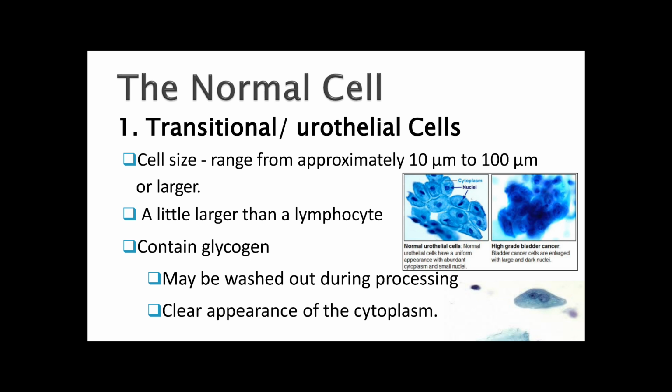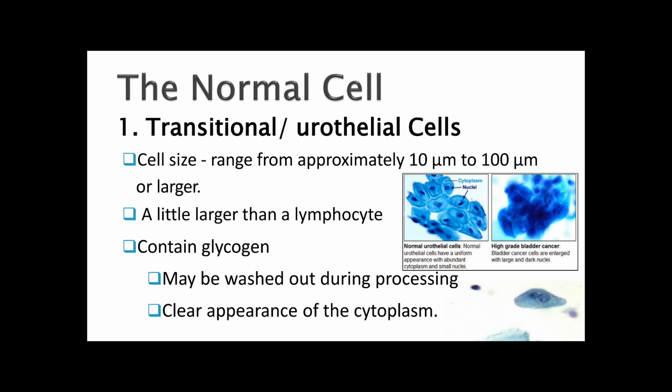They look a little larger than lymphocytes. So when we compare the size, the urothelial cells are a little larger than the lymphocytes, but the size is nearly 10 micrometer to 100 micrometer.